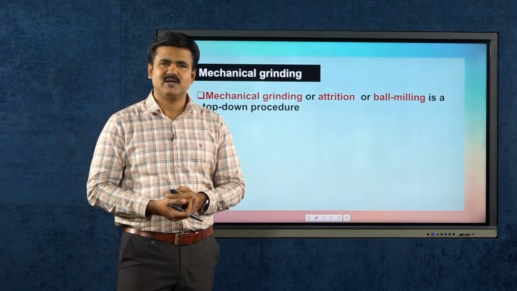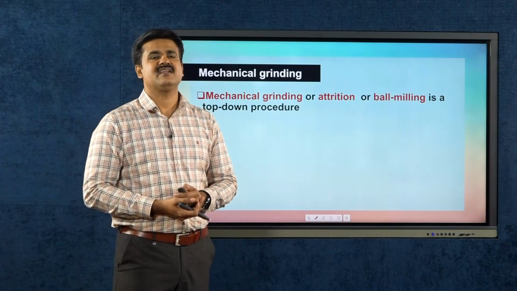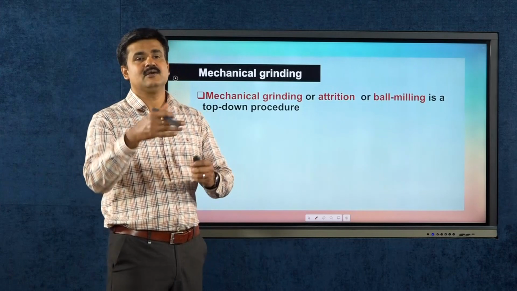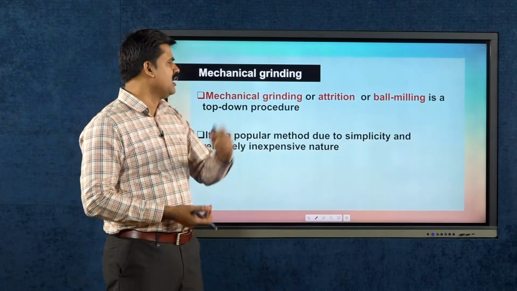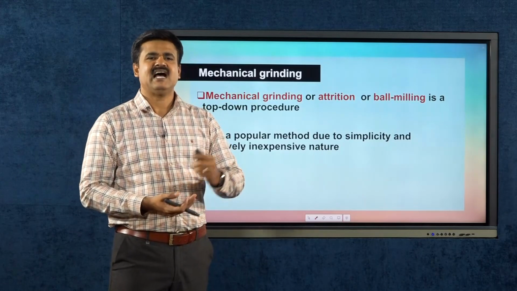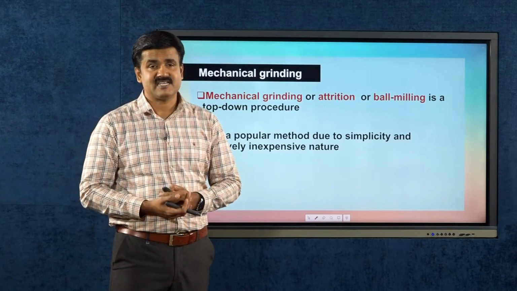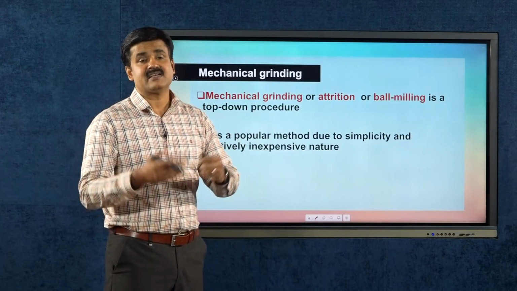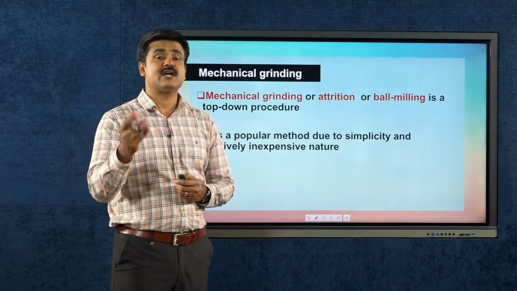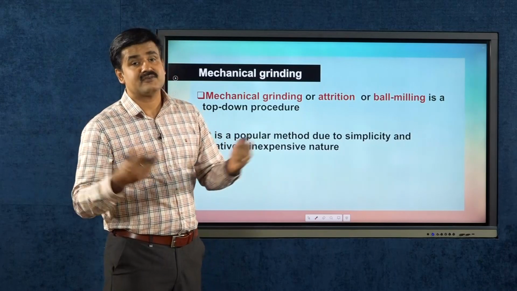It is a top-down procedure, and we can enter into more details of the mechanical grinding. It is a popular method due to its simplicity and relatively inexpensive nature compared to other top-down approaches. This mechanical grinding is quite inexpensive. We can adopt it for the preparation of several kinds of nanomaterials.